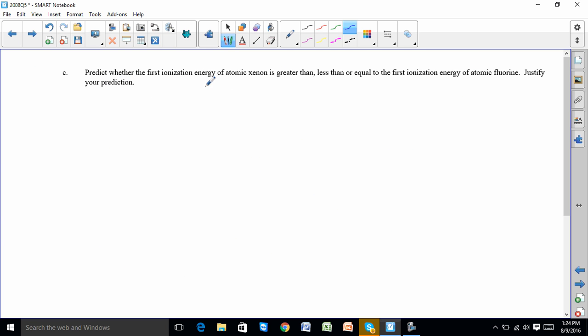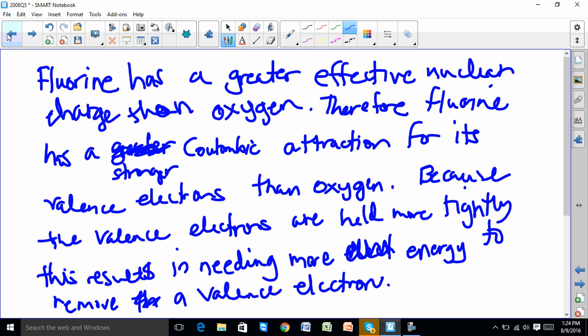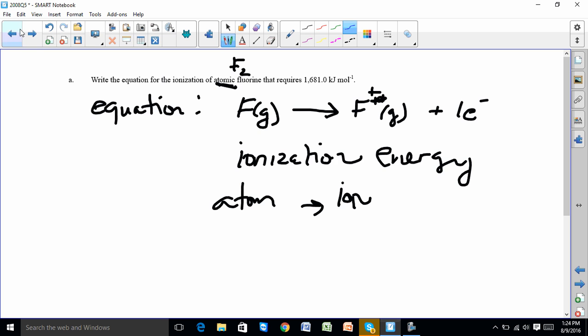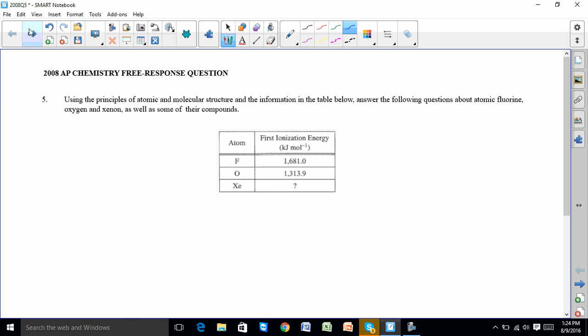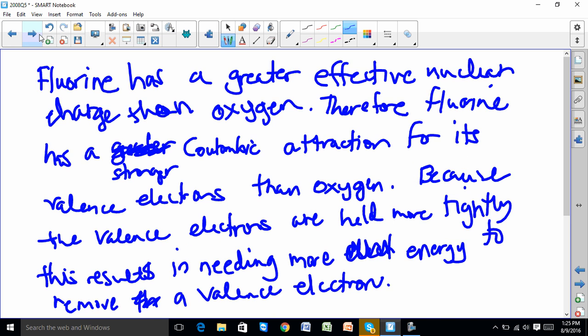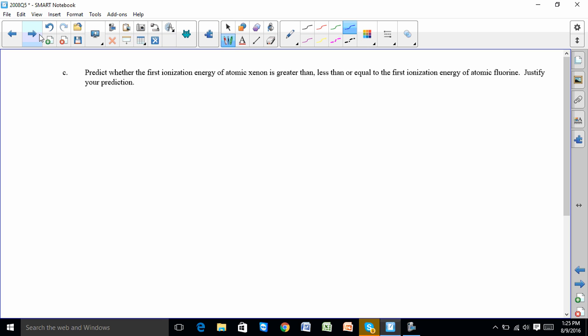Okay, predict whether the first ionization energy of xenon is greater than, less than, or equal to the first ionization energy of atomic fluorine. Okay, this one you don't know. If you go back, there's a question mark here. We don't know, but here's what I would say to you, and this question is kind of tricky because most people say xenon, and it's not true. Here's fluorine, row 2.